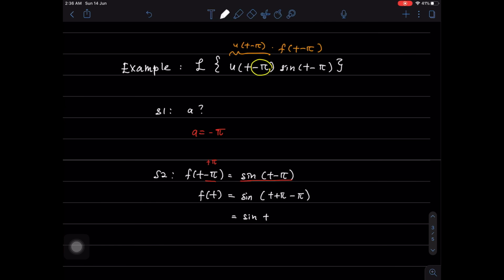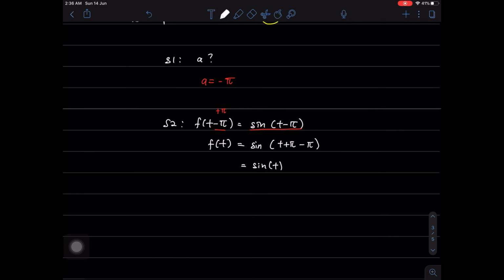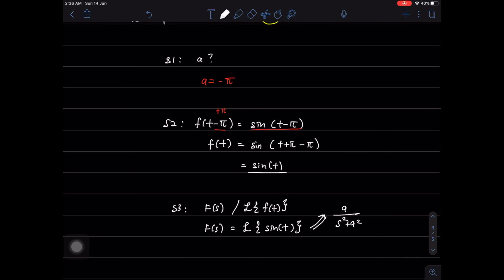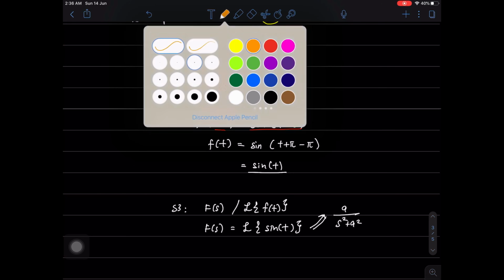Now we move to step number 3, where we need to find F(s), the Laplace transformation of f(t). We already know that f(t) is equal to sin t, therefore F(s) is the Laplace transformation of sin t, which we can find by using the formula a over s² plus a², where here a is equal to 1.